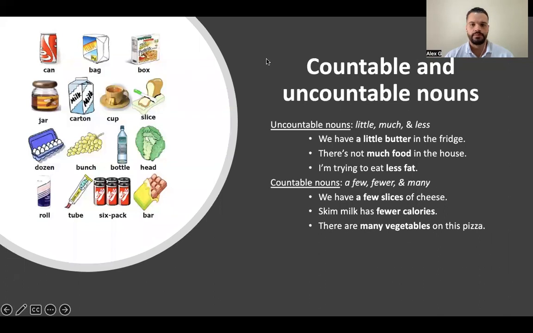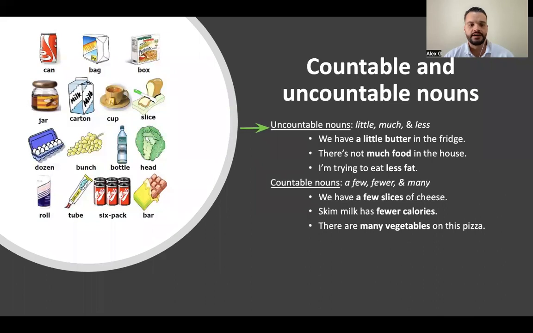So the next topic is going to be countable and uncountable nouns. Let's begin by talking about uncountable nouns. Remember, uncountable nouns are things or objects that we can't physically count one by one.